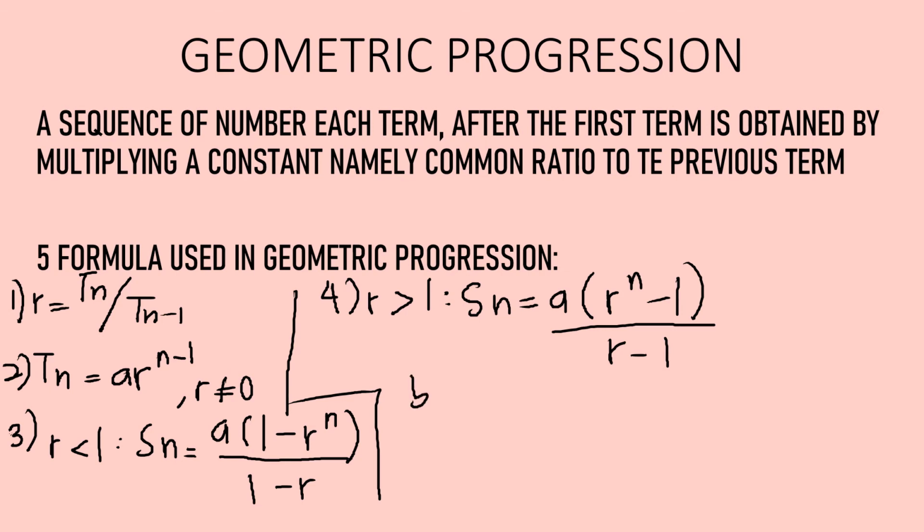Number 5, the formula for infinity, which is S infinity equals A over 1 minus R.